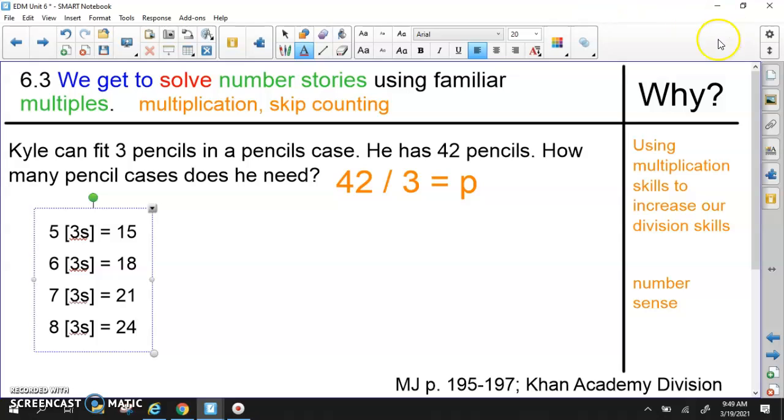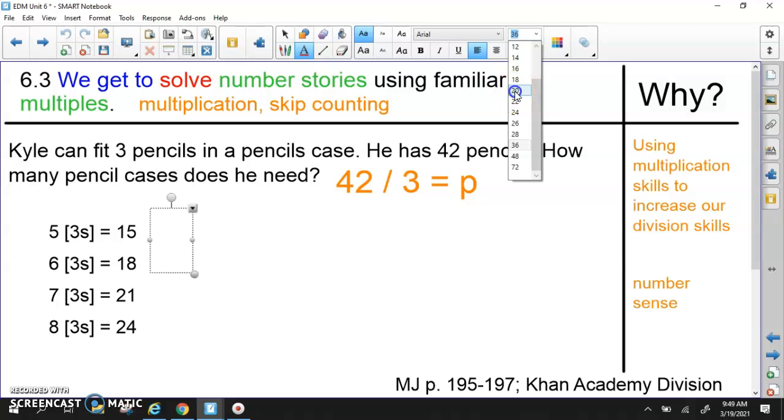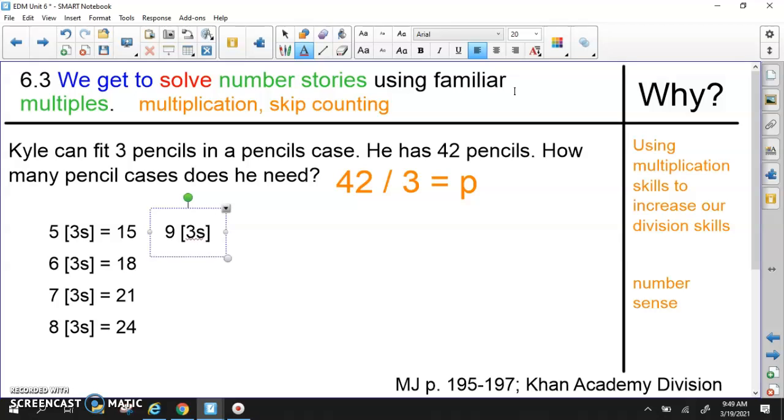And then what are 9 threes? What are 9 threes right in front of me here? 9 threes equals 27. What are 10 threes here? Yes. 30. We're getting closer.